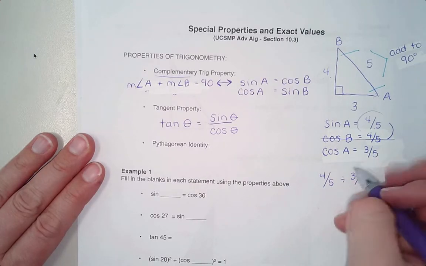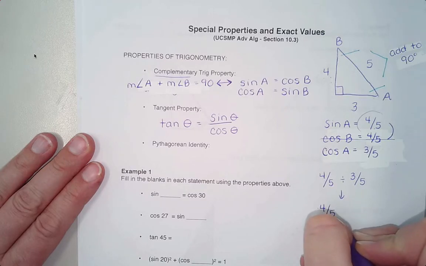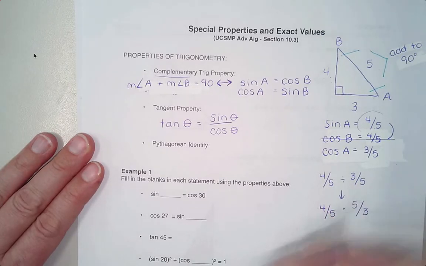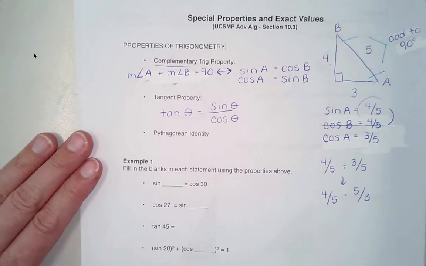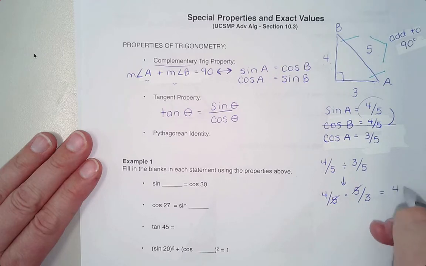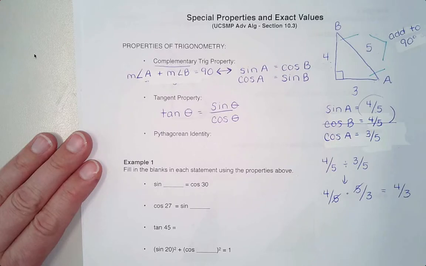This would flip and become 4 over 5 times 5 over 3, because when you divide fractions, you multiply by a reciprocal. Your 5's cancel, and you're left with 4 over 3. So if I do sine divided by cosine, I get 4 over 3.